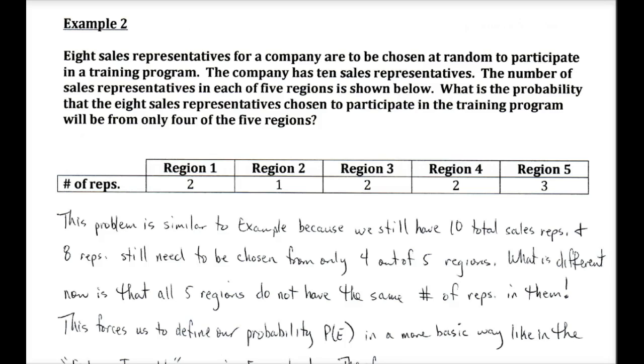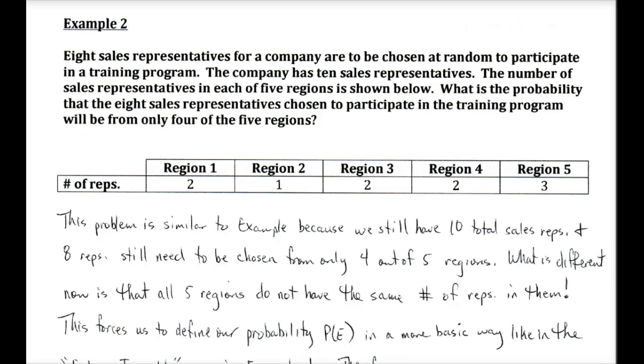In region 2, we only have 1, and in region 5, we have 3. So we can kind of think of this as a particular sales rep from region 2 moving to region 5, okay?